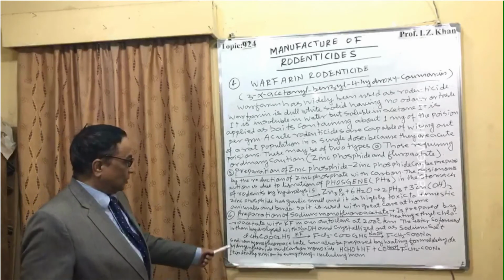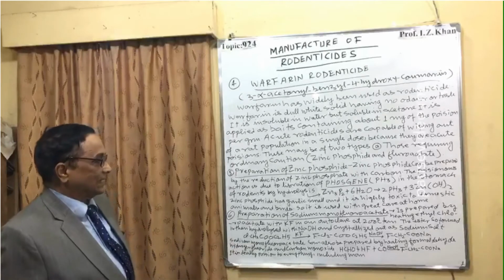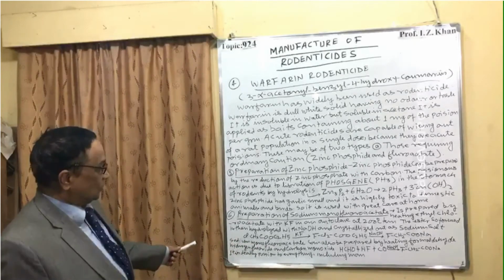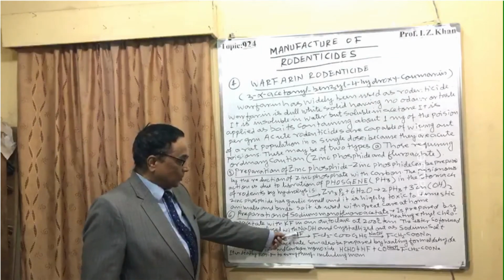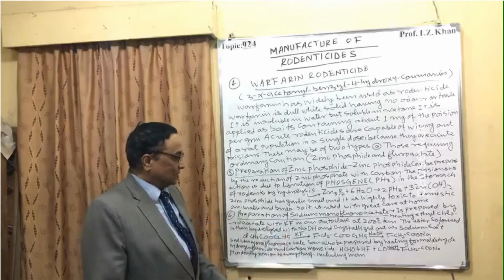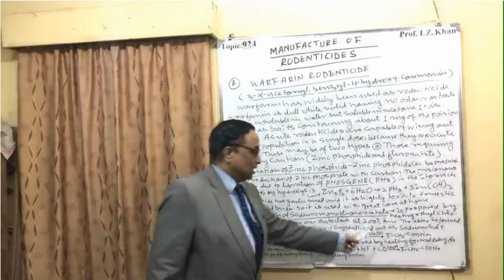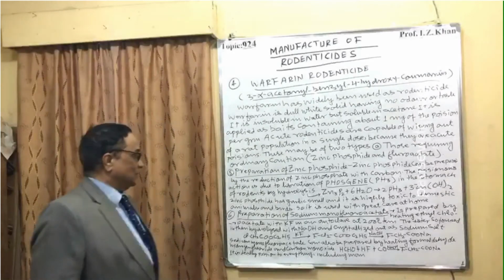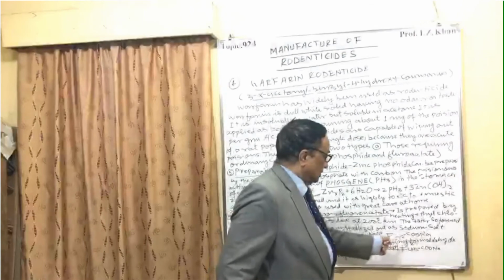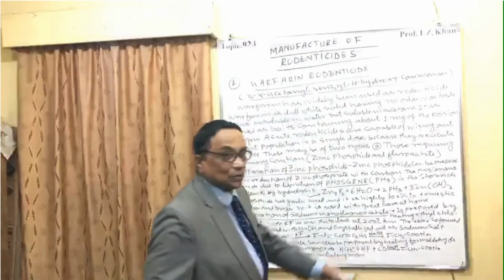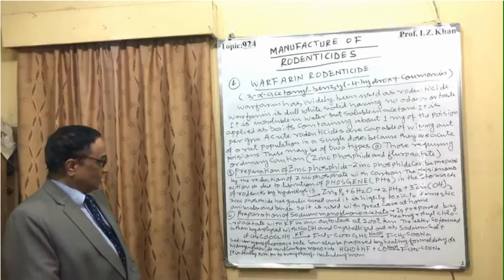So here it is ClCH2CO2C2H5, and that is ethyl chloroacetate. This ethyl chloroacetate, in presence of potassium fluoride, will be changed into FCH2CO2C2H5, and in presence of sodium hydroxide, finally it will be changed into sodium monofluoroacetate, and this sodium monofluoroacetate is a very effective rodenticide.